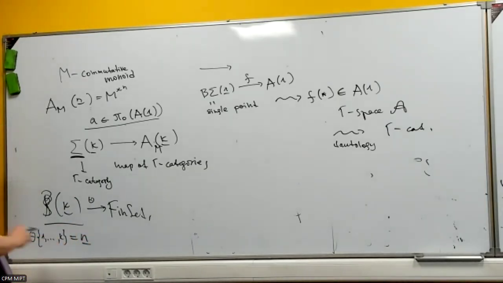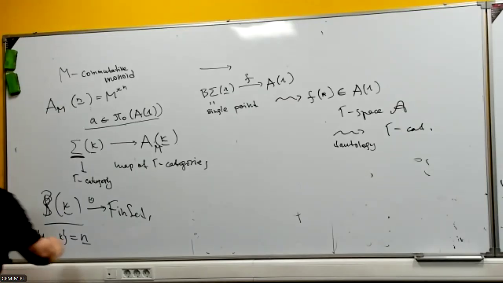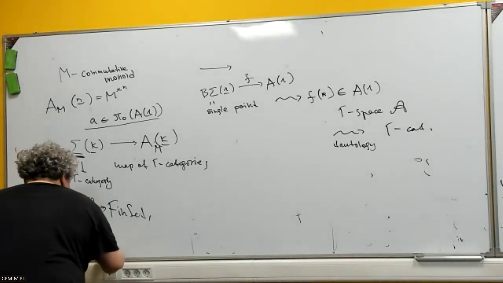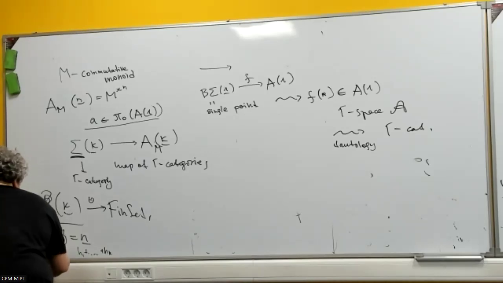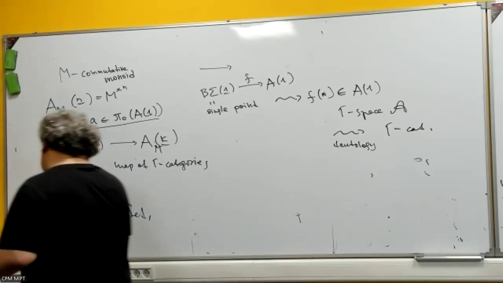This is the maximal set, which contains all k elements. It's like my A12. So this is actually n, which you can see as n1 plus and so on plus nk, where theta of i is ni. But that doesn't matter.